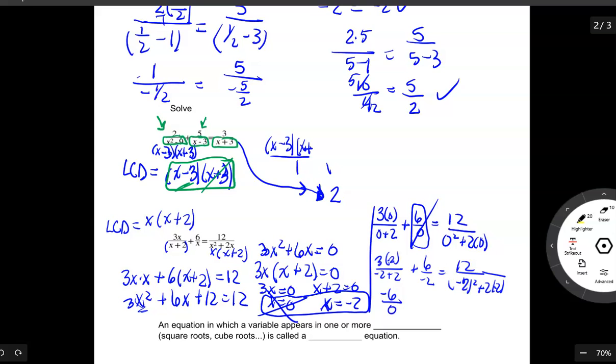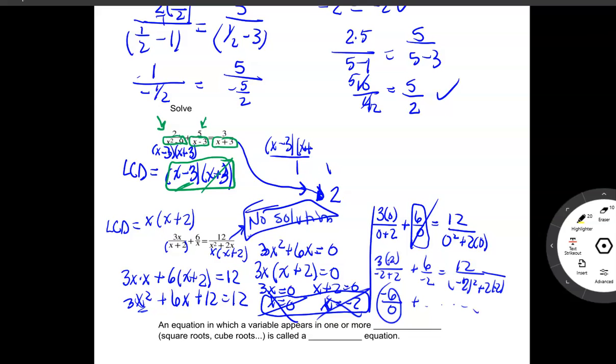Negative 2 plus 2 is 0. We don't even have to keep going because we've already found it won't work. So this problem actually has no solution, because all of the solutions that we got when we worked it out turned out to not be good solutions. Okay, that's it for this half of the section. We'll be back for the last half.